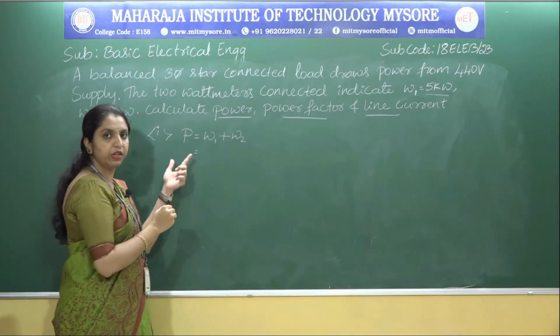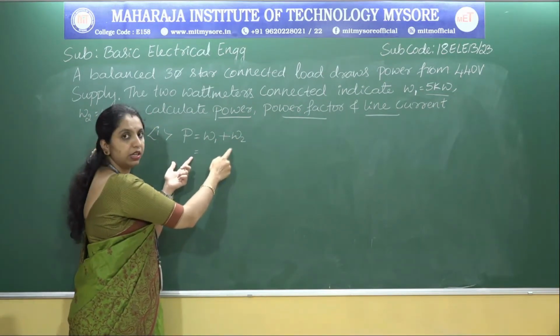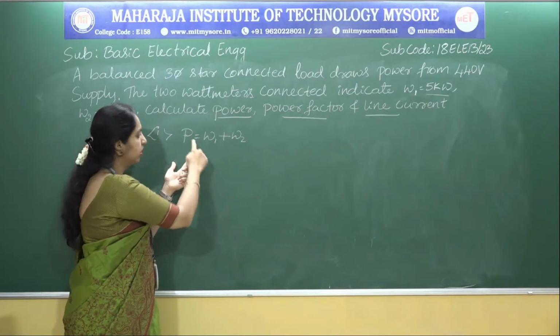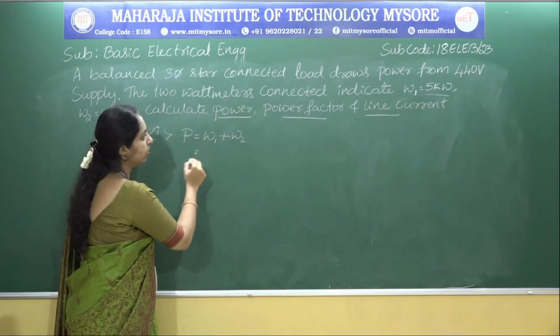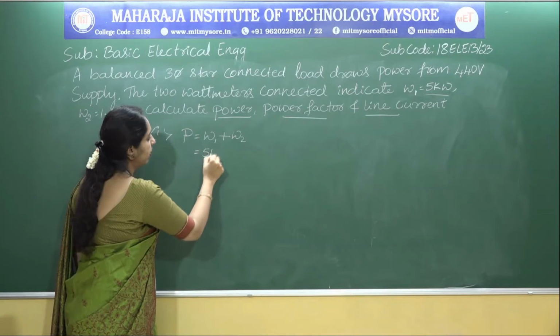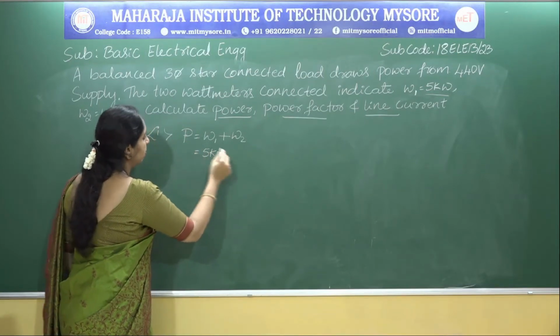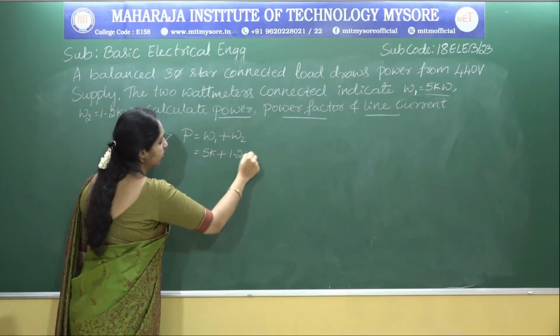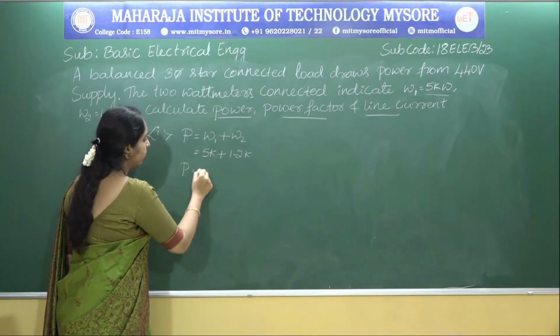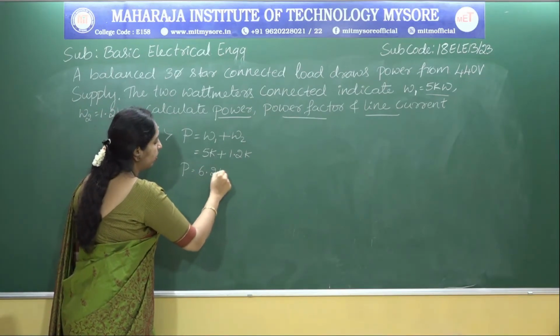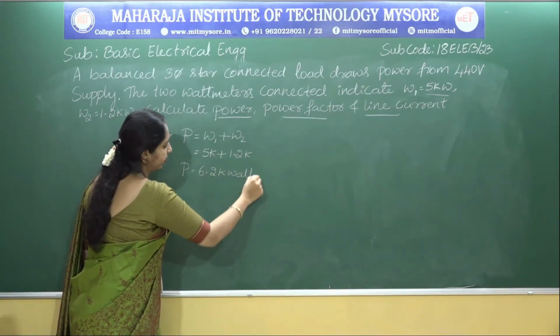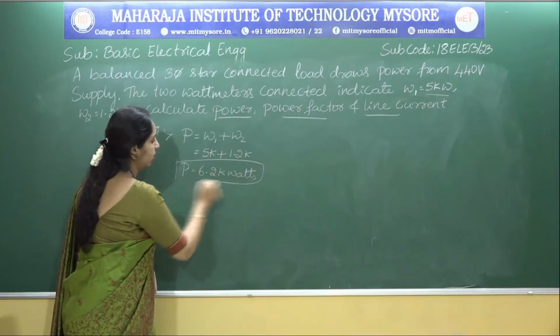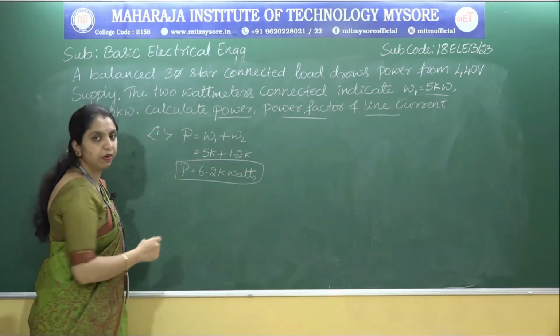Always, to find the total power, we just consider the readings from the 2 wattmeters. So the total power is equal to W1, which is 5 kilo, plus W2, which is 1.2 kilo. So power is equal to 6.2 kilowatts, right?